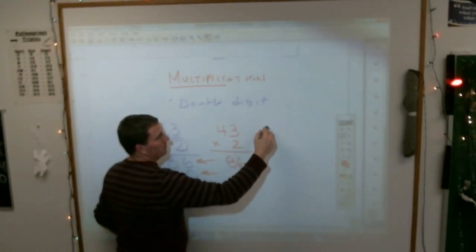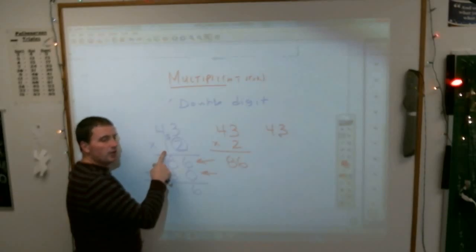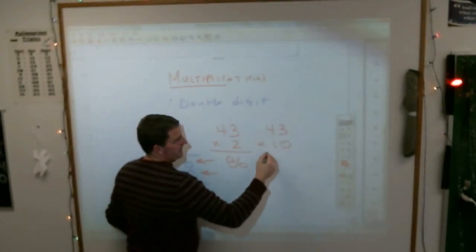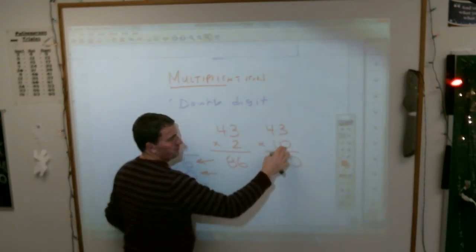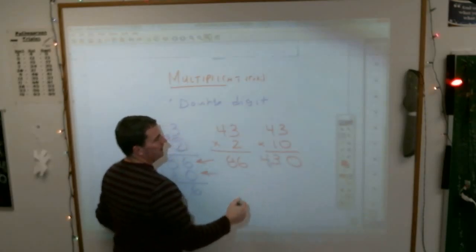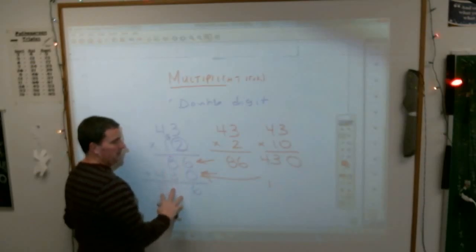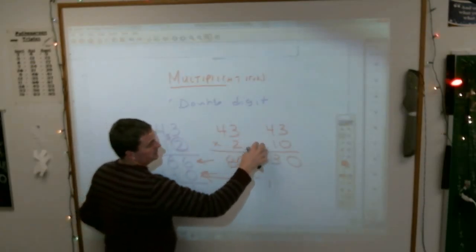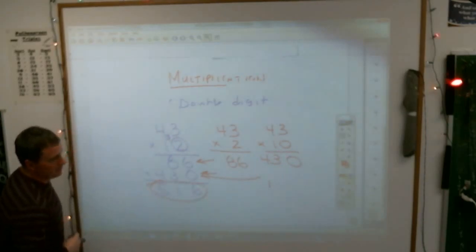And then we're also multiplying the 43 by this number, which is not a 1 but a 10. And that's why you drop the 0 down. You start with that 0 because you're multiplying by a 10. It ends with 0, and you get the 3 and the 4. And then that 43 we put down here, and then you add those two together because it's like 43 times 2 plus 43 times 10, and that's where the 516 gets put down there.